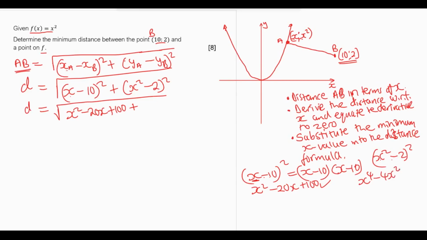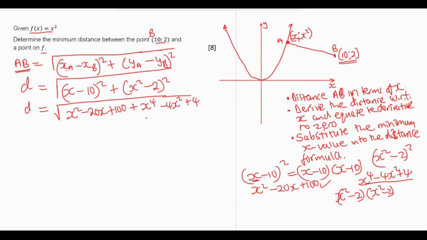And then 2 squared is 4. Again, you can do it the long way, x squared minus 2 times x squared minus 2. You still get x to the power 4 minus 4x squared plus 4.